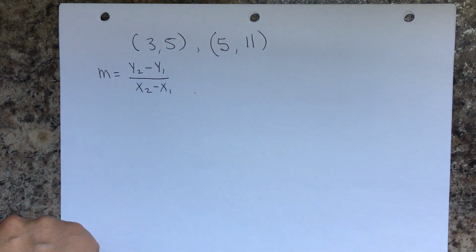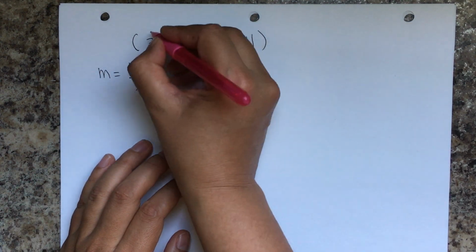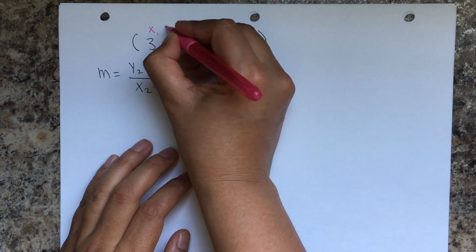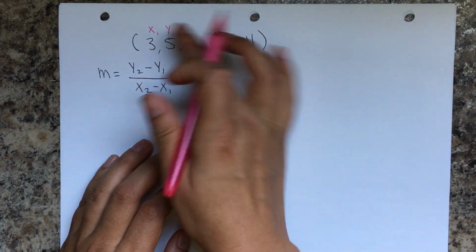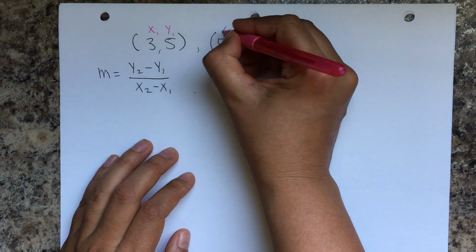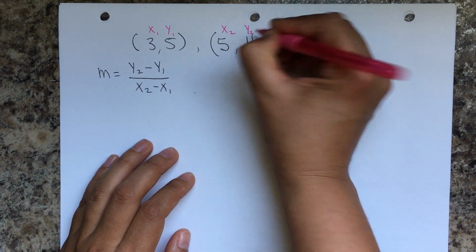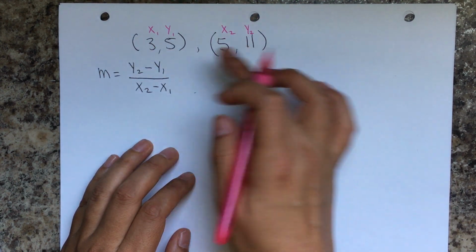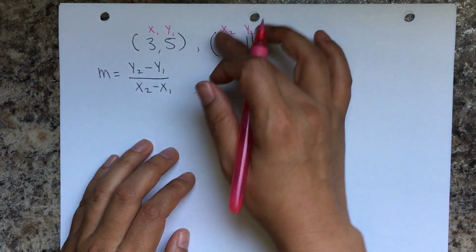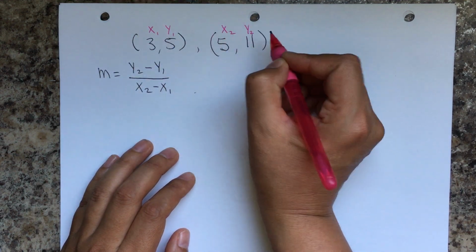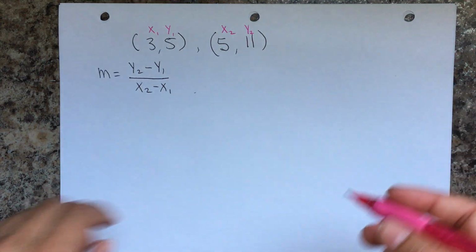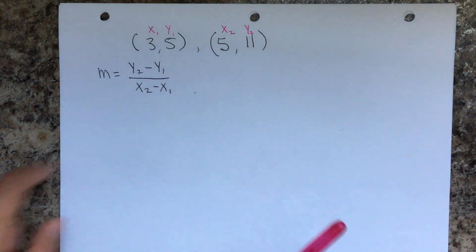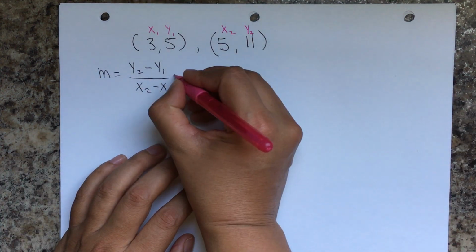And if you recall from the previous lesson, this is x1 and y1 because that's point 1. And then you have x2 and y2. It's just x and y, but this is point 1 and this is point 2. That's why we have the 1s and the 2s, but those don't bring value to any of this, okay?